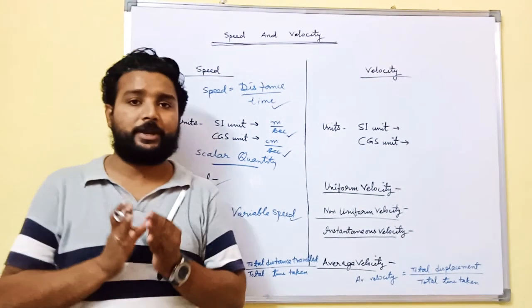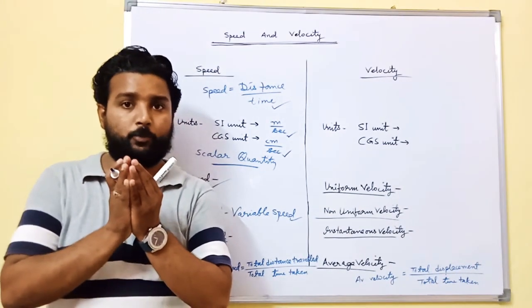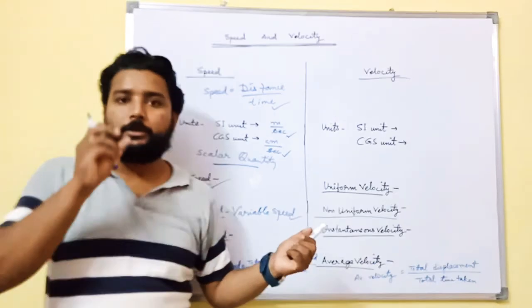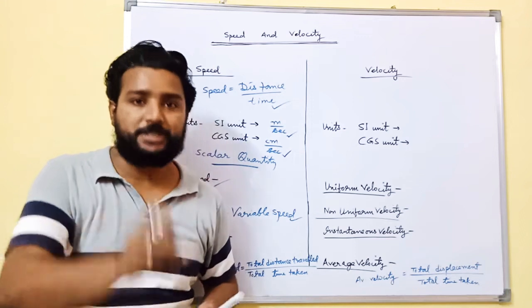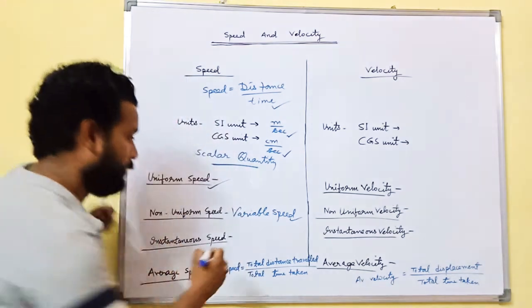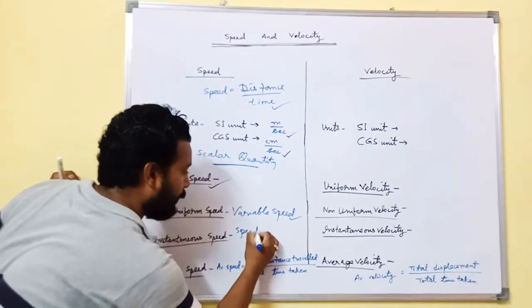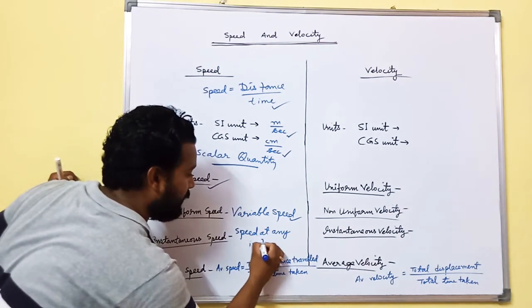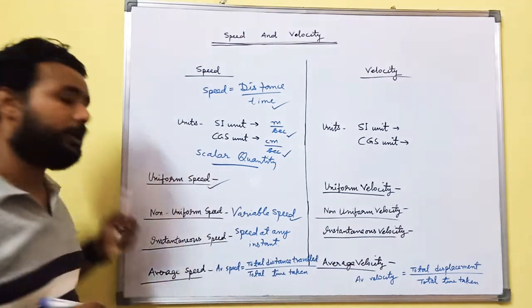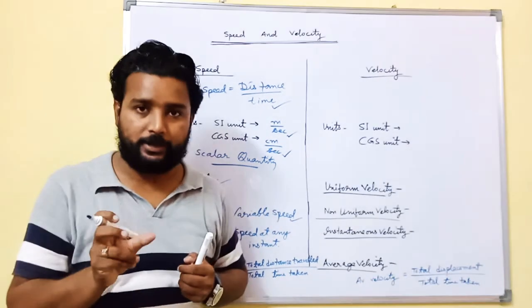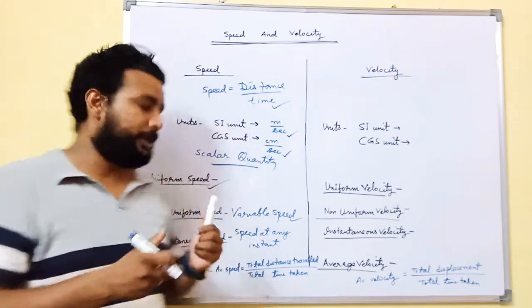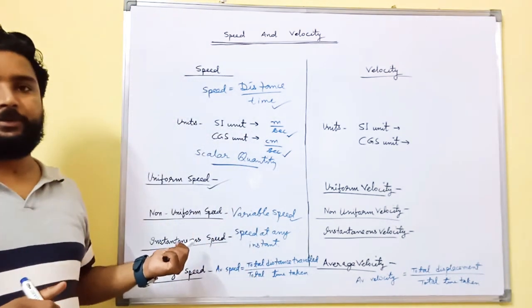Now, instantaneous speed. Students, if any body moves with variable speed, then the speed of the body at any instant is known as instantaneous speed.